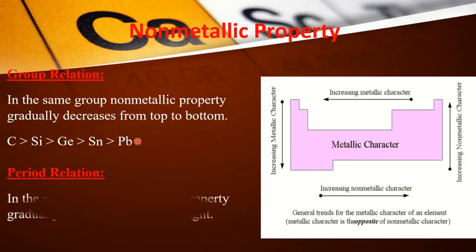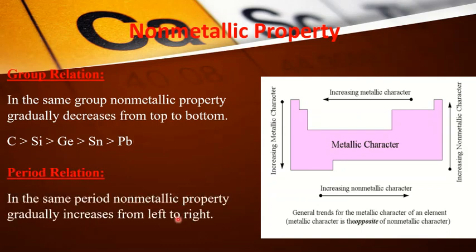And period relation, in the same period, non-metallic property gradually increases. Look, increasing non-metallic property from left to right. Non-metallic property increases means on the left side there are metals and gradually it turns to non-metals. So in the same period, non-metallic property gradually increases from left to right.